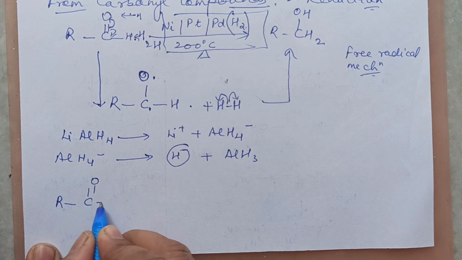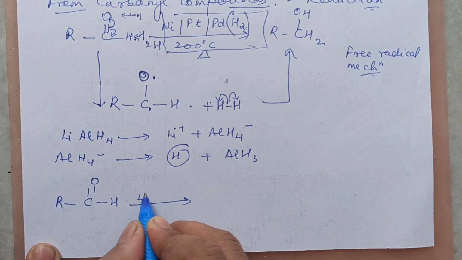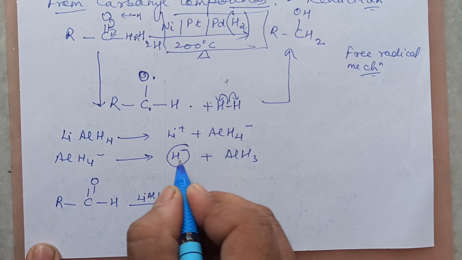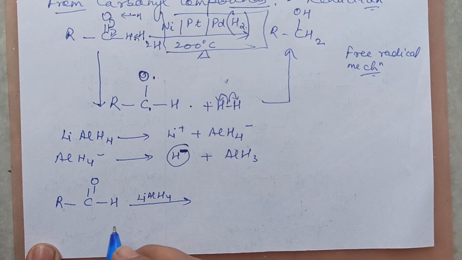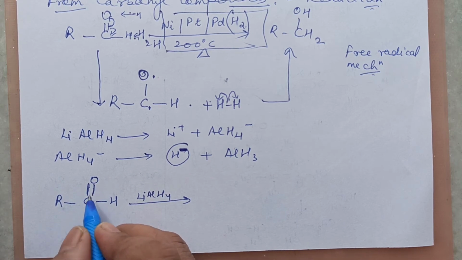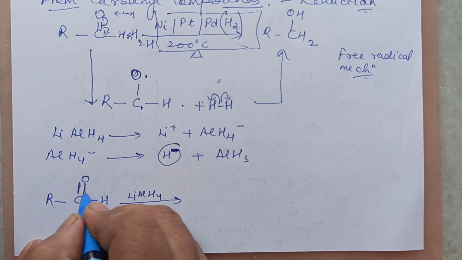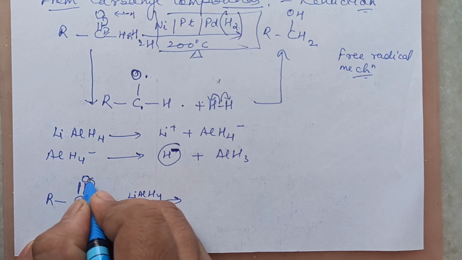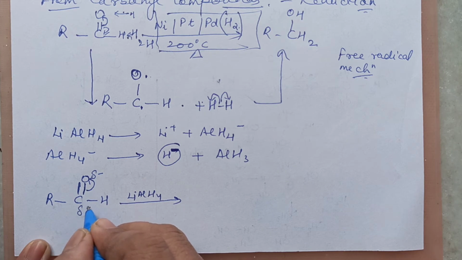That means this H, and what you have taken is LiAlH4, which internally I told you has given H minus. This H minus will add. Where it will add? Here or here? Because there is a double bond between carbon and oxygen, difference in electronegativity. Here the mechanism is explained as this pi electron is more drifted towards oxygen. So oxygen gets partial negative, carbon gets partial positive charge.